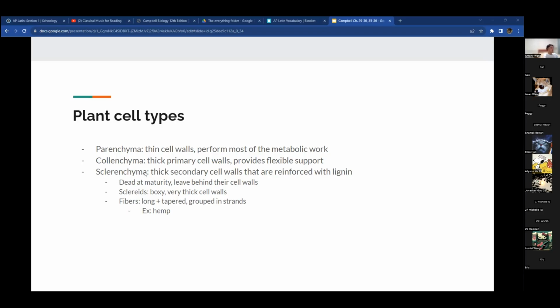Sclerenchyma cells, on the other hand, have thick secondary cell walls. Collenchyma has thick primary cell walls. Sclerenchyma has thick secondary cell walls. These cell walls are reinforced with lignin, a waxy, tough polymer that adds to the strength of sclerenchyma.